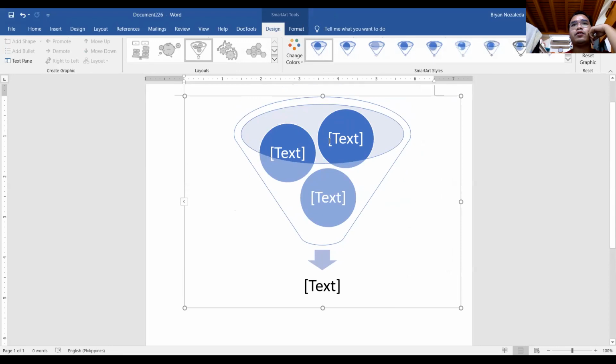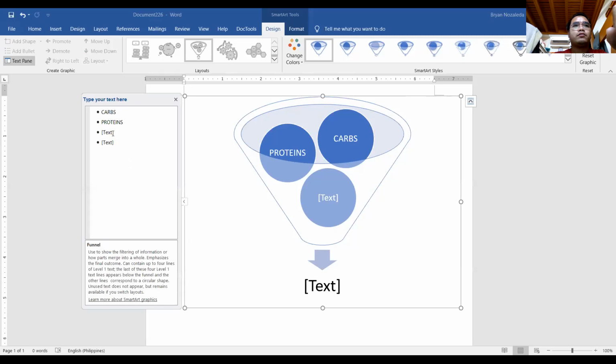Funnel diagram, so ano ang ingredients kunwari ng healthy diet o yung 4 macromolecules sa katawan natin, carbs, proteins. Ano pa? What are the other macromolecules in the body? Studied this in health, right? Lipids. Ano pa?